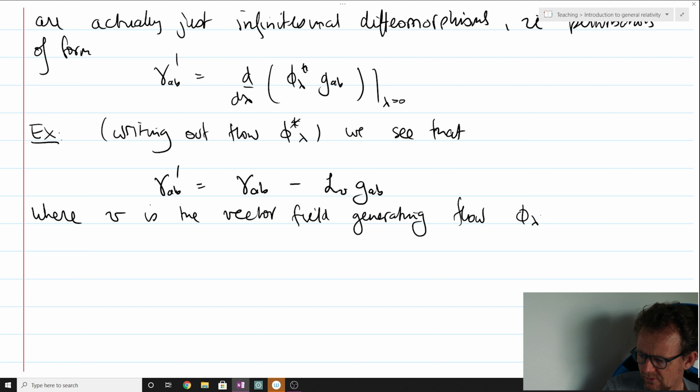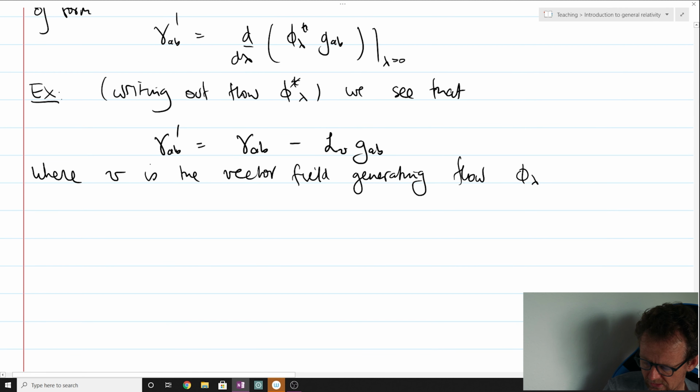So there you go. We have now a definitive answer for what a perturbation generated by an infinitesimal diffeomorphism looks like, and hence these perturbations are precisely the gauge freedom of linearized general relativity.